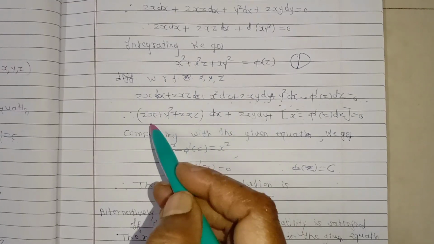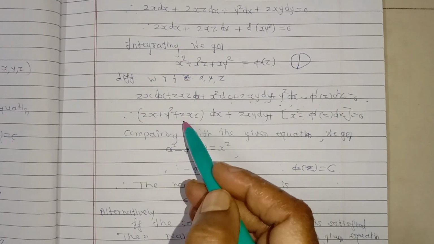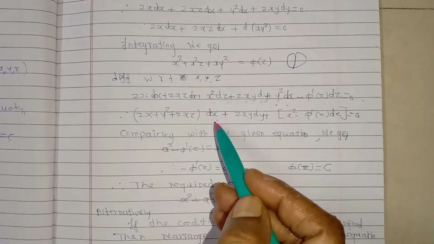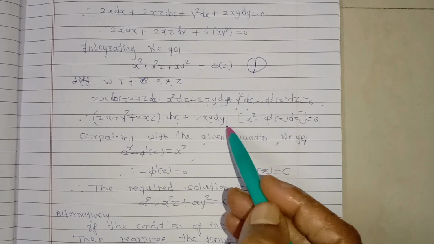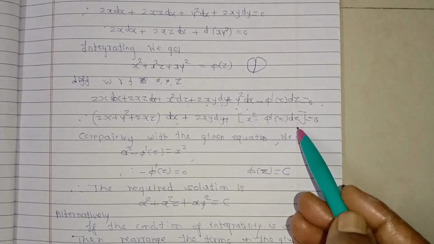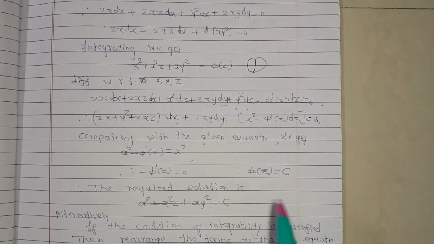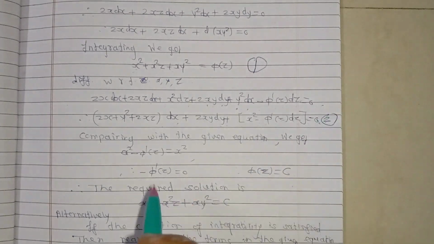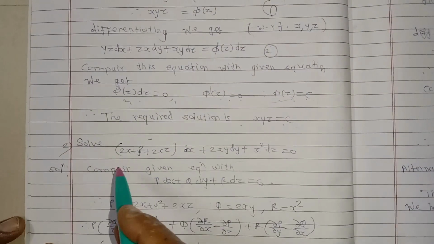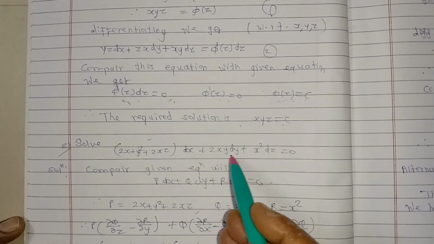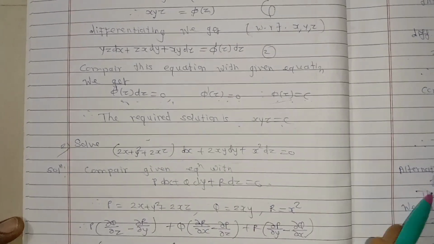Taking dx common, we get (2x plus y square plus 2xz) dx plus 2xy dy plus (x square minus phi dash z) dz equals 0. Now we compare this equation 2 with the given equation. The given equation is (2x plus y square plus 2xz) dx plus 2xy dy plus x square dz equals 0.